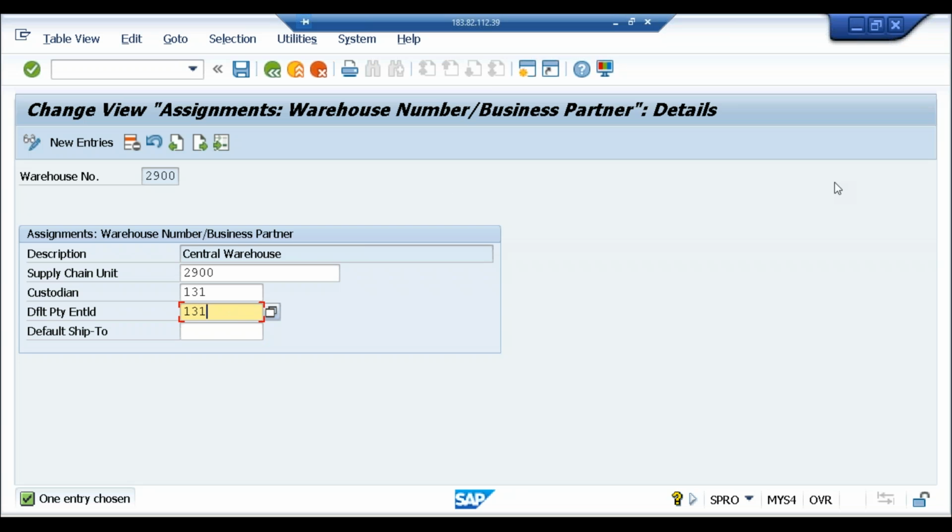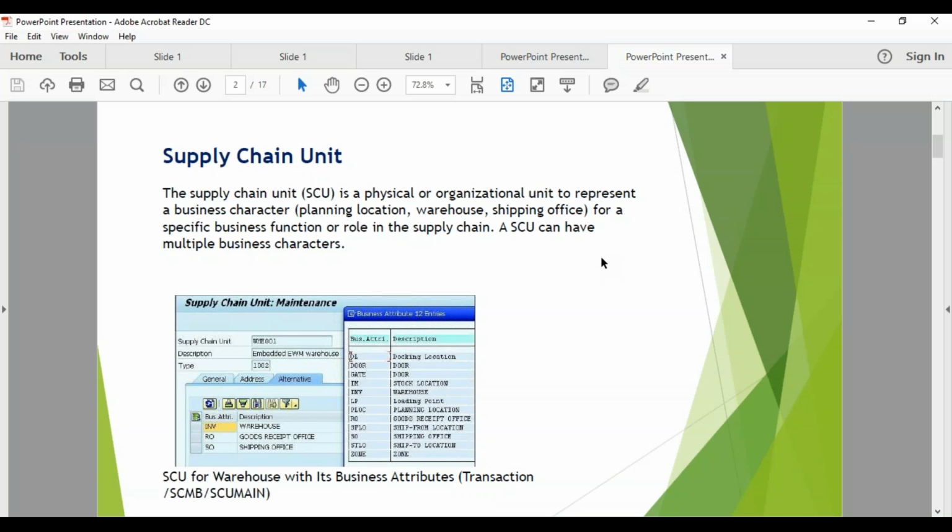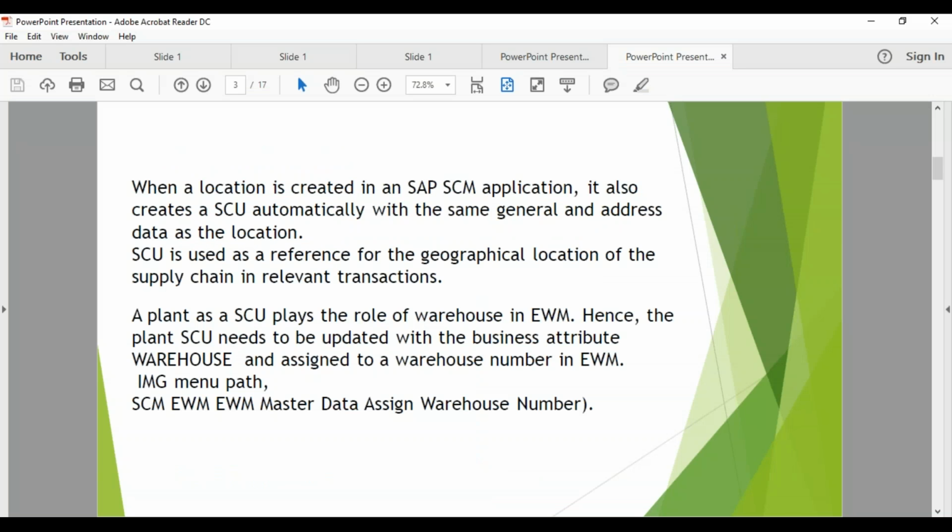Okay, so there are multiple scenarios for the default party entitled. So here, for the supply chain unit, one more important thing at the supply chain unit level is that once we have assigned the supply chain unit to the warehouse, and then once the materials or the products are created, we cannot change the supply chain unit.